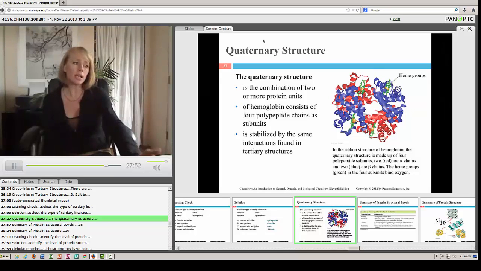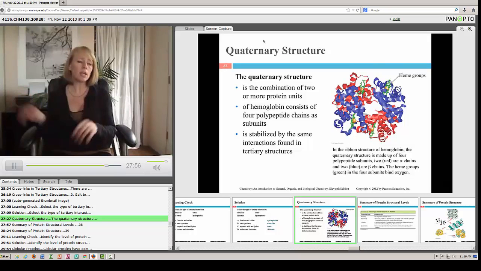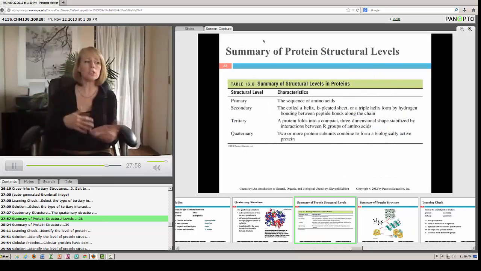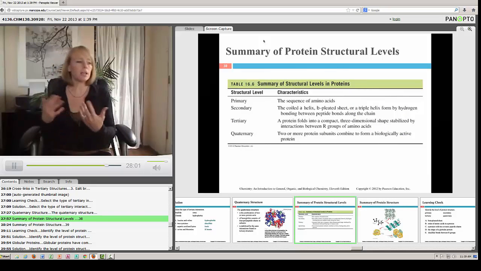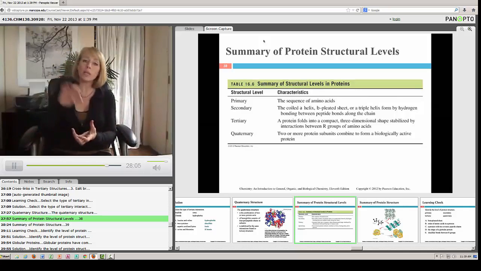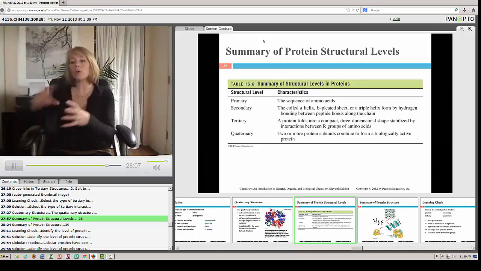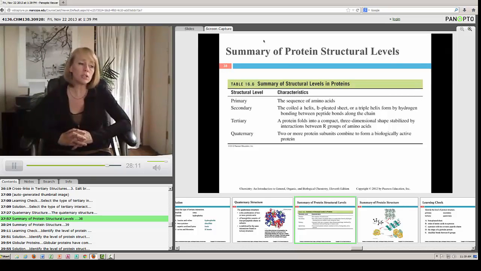Okay, so again, the primary structure is the order in which the amino acids link up. The secondary structure is defined by how many alpha helixes and beta sheets there are. And the way that those curl and form around one another and where everything's placed within the structure is called the tertiary structure.